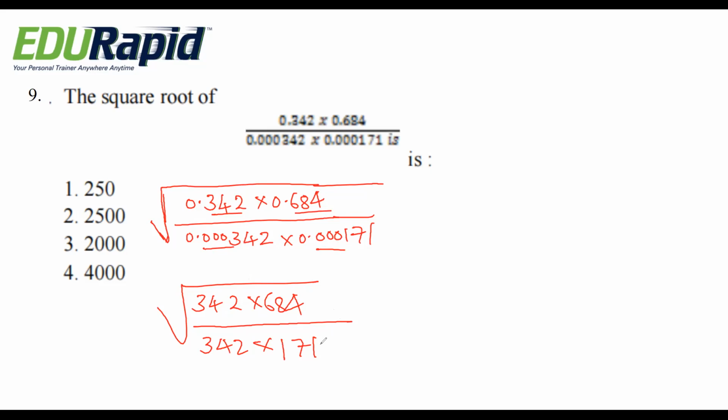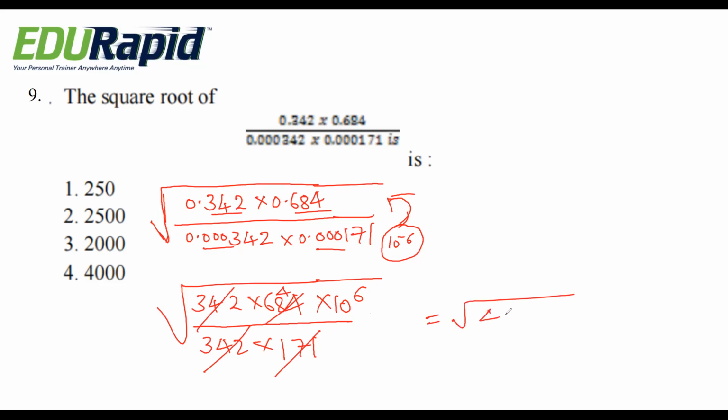Therefore it is 10 power minus 6. If it goes to the numerator, it becomes into 10 power plus 6. Minus 6 becomes plus 6 when it goes to the numerator. All these are basic mathematics. So 342 and 342 cancel, and 171 is what? 684 is 4 times 171.